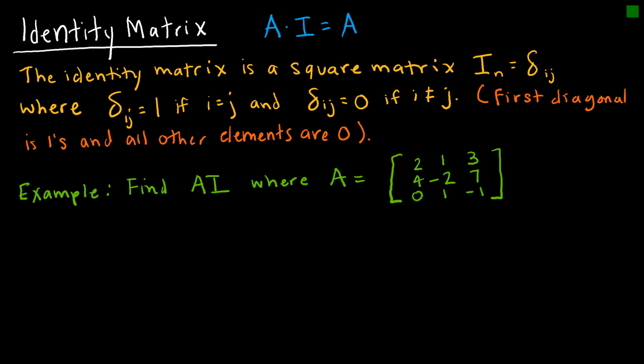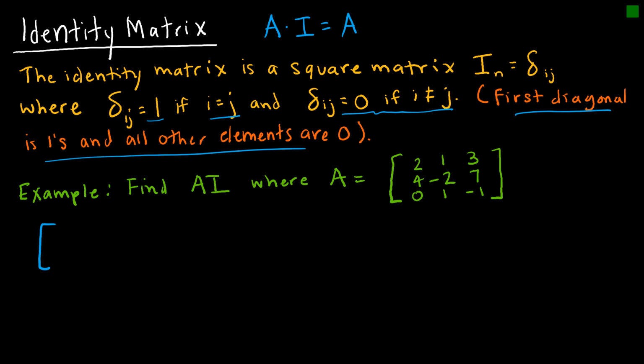The identity matrix is a square matrix, and all of this stuff in yellow is the official definition: if the address of the row and column are the same, the value is a 1, and if they're not, then the value is a 0. Basically it's just the first diagonal is 1s and everything else is 0.